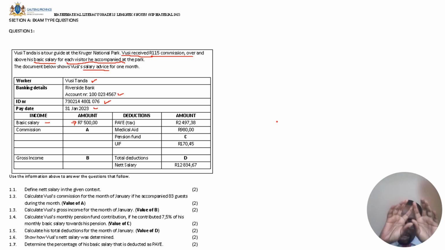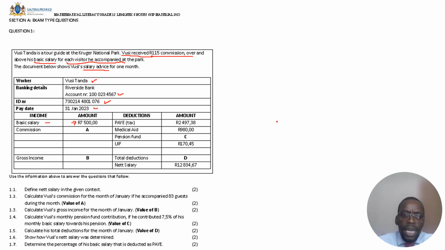Gross means it's the total income before any deductions are taken out. So this is the amount of income that he gets before he pays taxes, before he pays his medical aid, before paying pension fund, before paying UIF. This is the amount of money that he would have received.